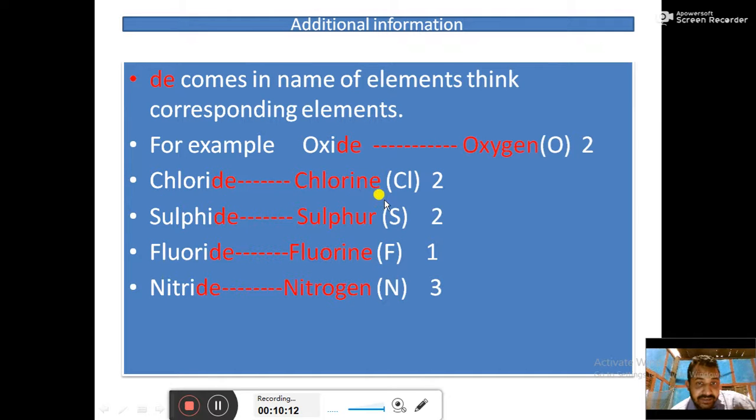Chloride means Cl, its valence is 1. And second, sulphide means sulfur, its valence is 2. Fluoride means fluorine, its valence is 1. And nitride means nitrogen, its valence is 3. Similarly, if somebody says oxide, you can think they are saying oxygen, whose valence is 2. So make this valence 1. I don't have a pen right now, so I can change it, make it 1.